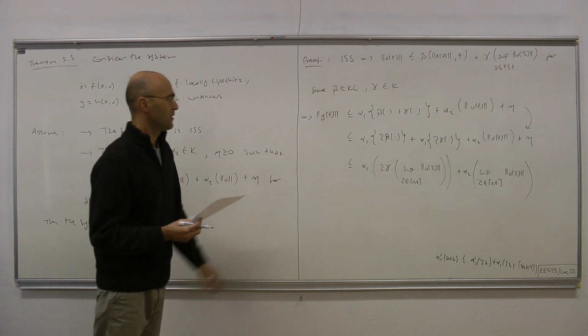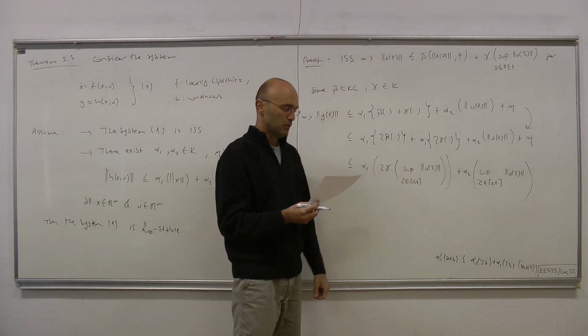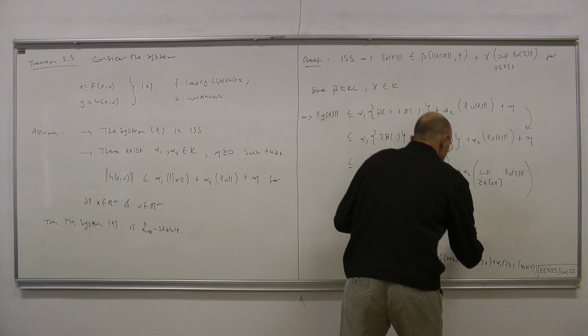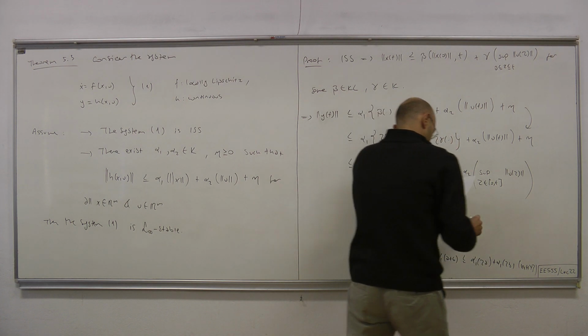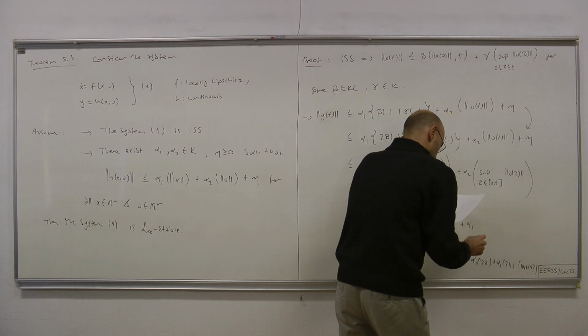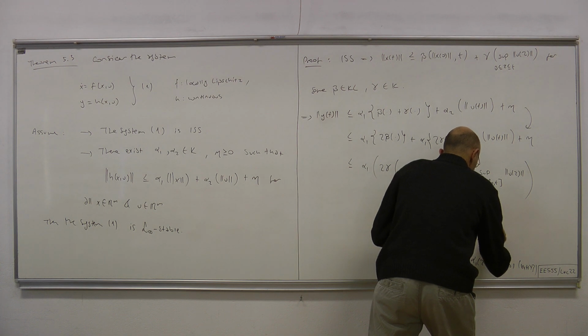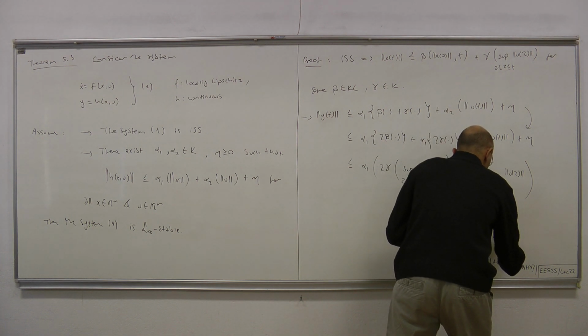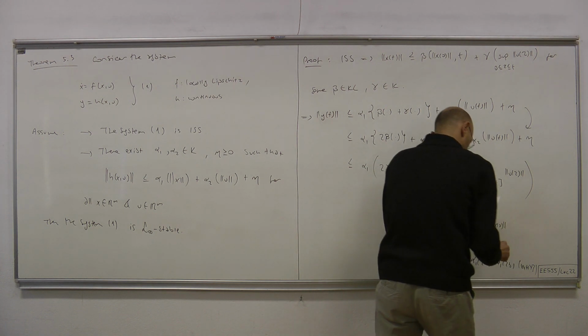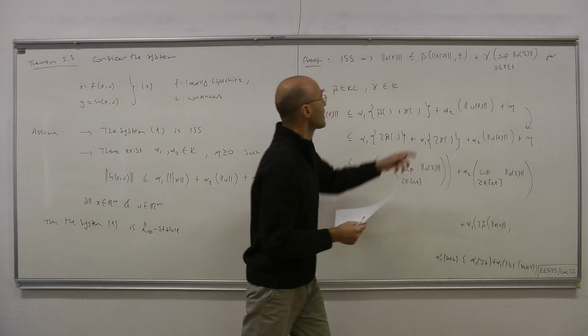So that piece is where we collect all the input terms, plus alpha 1 of 2 beta of the norm of x of 0 comma t.